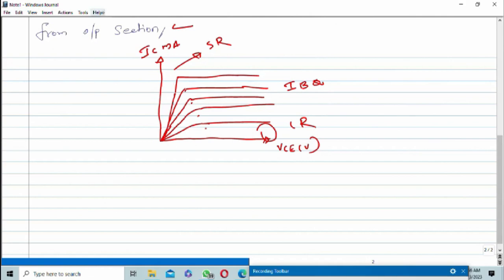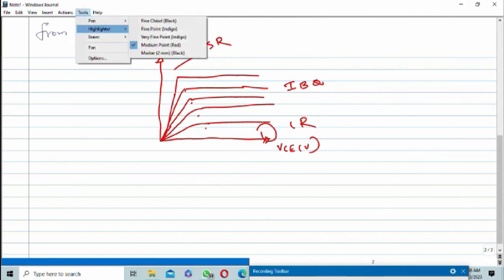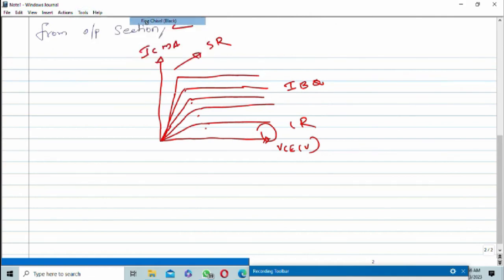Then I am going to analyze one operating point here, and another operating point here. From this operating point, the slope is equal to minus 1 by RC.